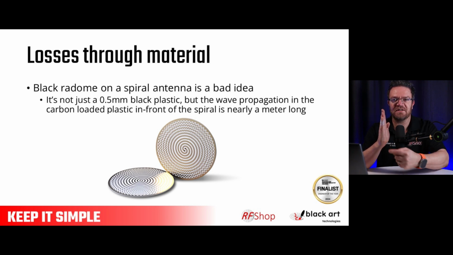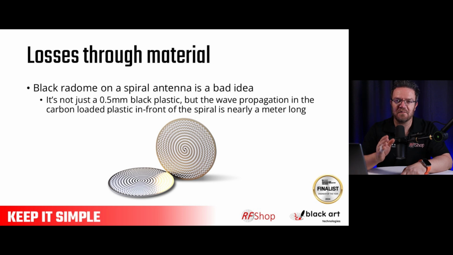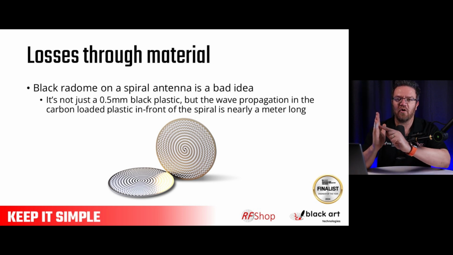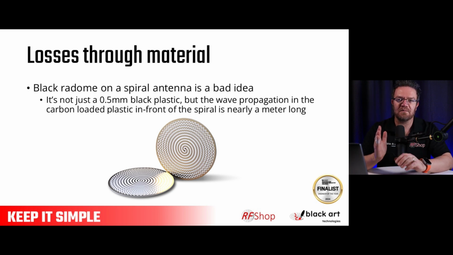So it's not just, here's my antenna, I'm just going to hop through the 0.5 millimeter of material that I have in front of it. It actually, being a spiral, the signal propagates through the spiral up to the point where it's resonant, and then it starts to radiate. And the longer it travels through this environment with the bonded lossy dielectric, the plastic in front, the more it loses the signal.